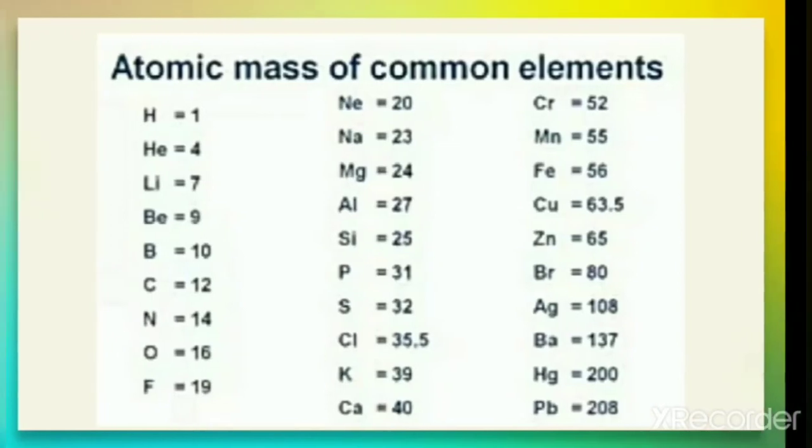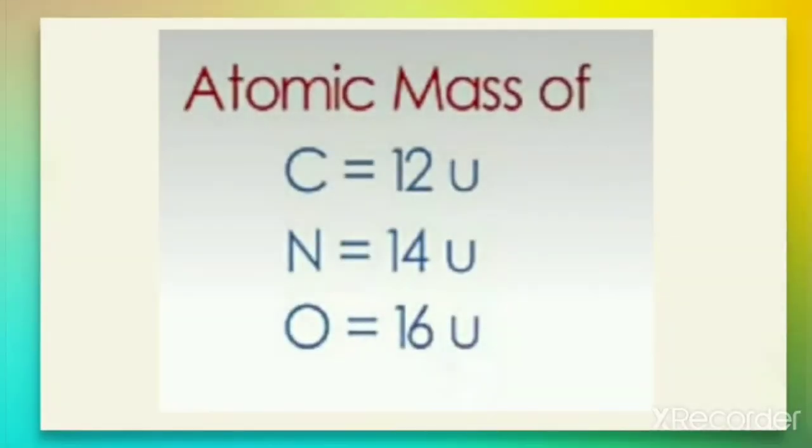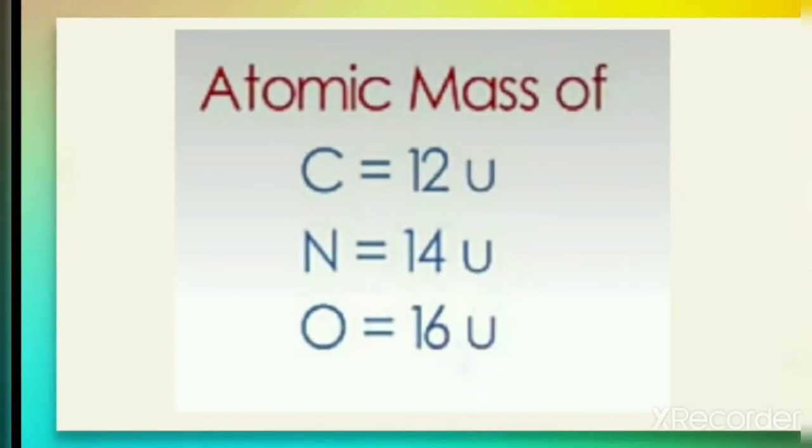The most important are carbon, nitrogen and oxygen: carbon has atomic mass 12 U, nitrogen 14 U, and oxygen 16 U. Other than these, hydrogen, sodium, sulfur and chlorine are important.